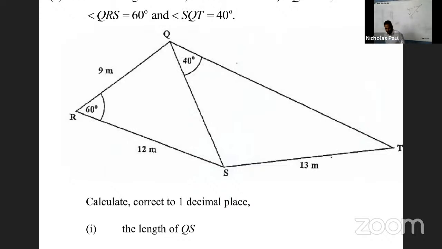Of course, what triangle are you using? QRS, right? So you ignore the next part of the triangle. Only focus on QRS. If you want, you could just draw QRS alone.